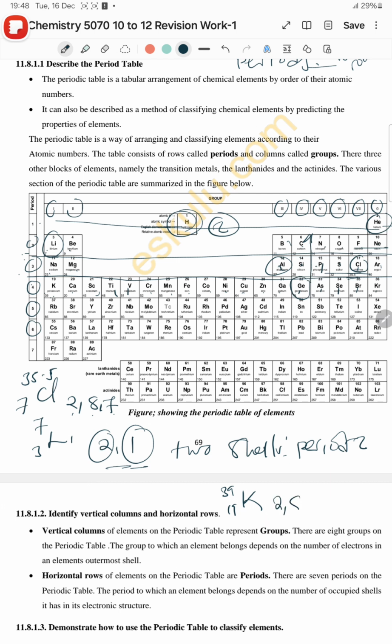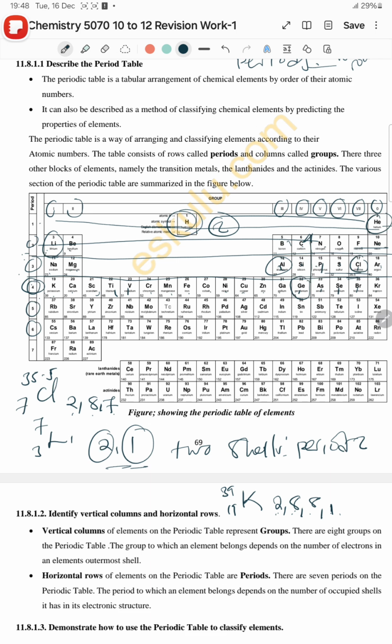This is 2,8,8,1. Okay, so 2 plus 8 is 10, plus 8 is 18, plus 1 is 19. So meaning how many shells? 1, 2, 3, 4. So this is period 1, period 2, period 3, period 4, and so it is found in period 4. Are we together?